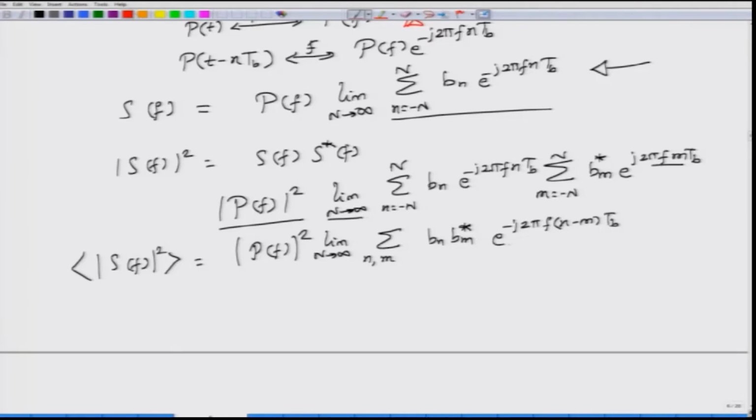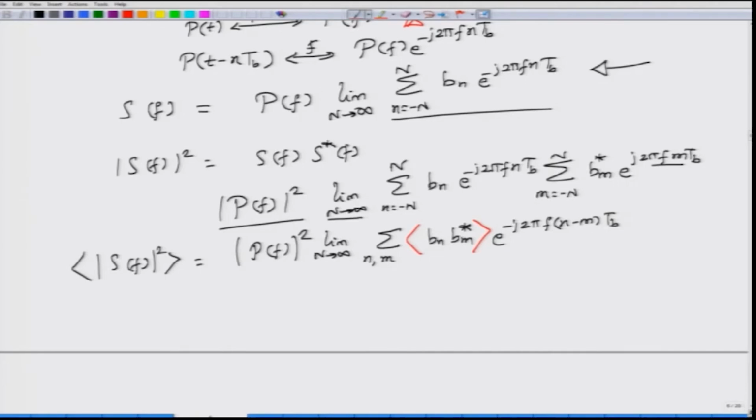This exponential, minus j 2 pi f (n minus m) Tb, is not random. So, the randomness comes only from the bit sequence, which is random, which we do not know. That is the averaging operation that we have put in. There are some mathematical constraints on when and how you can interchange the average operation and the summation, but that is not really of much concern to us now.